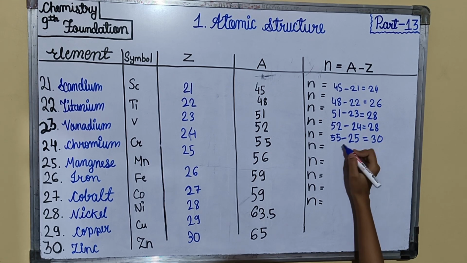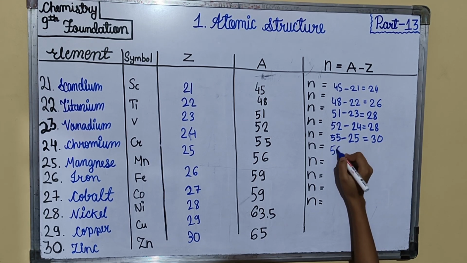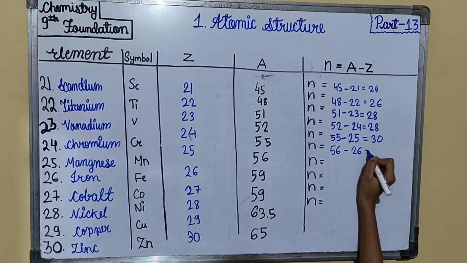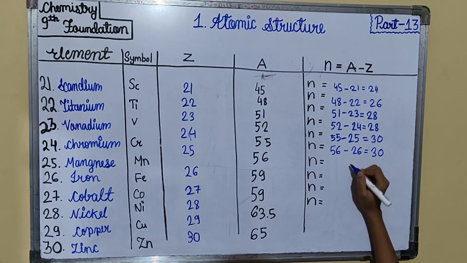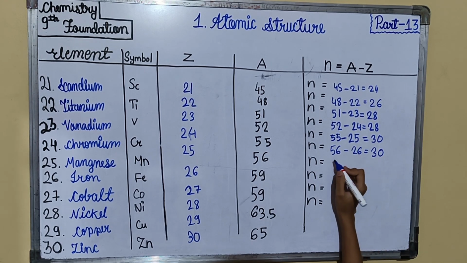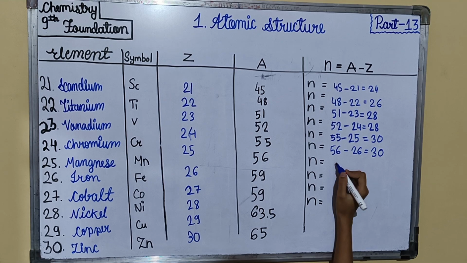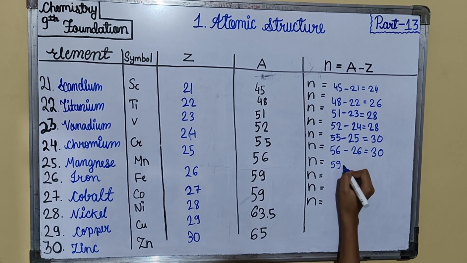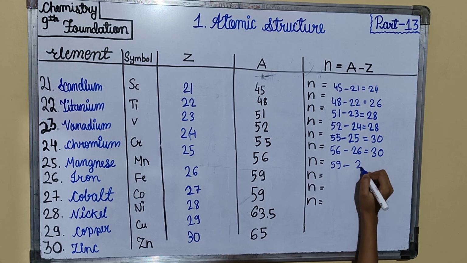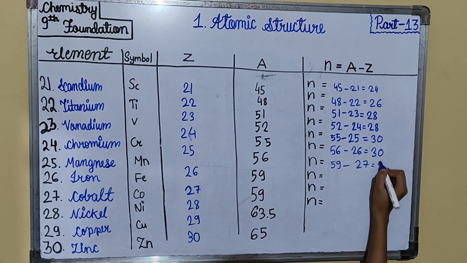Iron is 56 minus 26, that is again 30. Cobalt is 59 minus 27, that is 32.